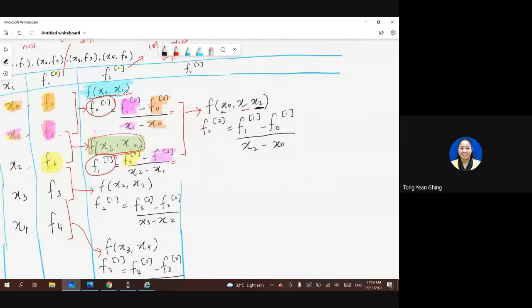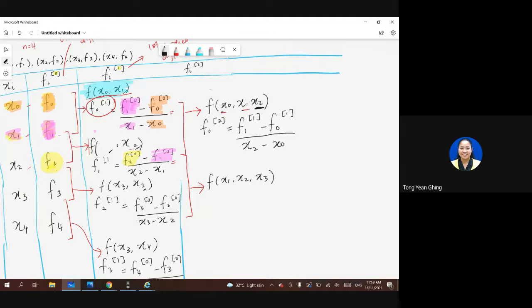And now, kita akan consider this one and this one. Tak keluar. Kenapa? Slow sikit. So this one is, kita consider x daripada sini x1, x2, ini x2, x3. So that means x1, x2, x3.